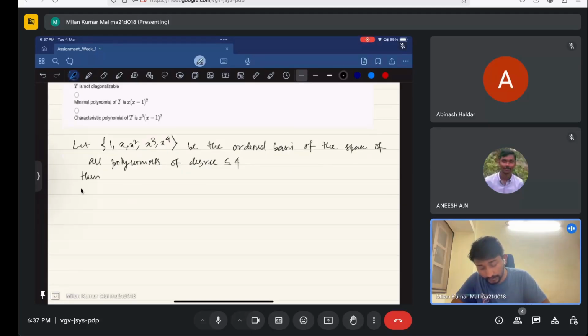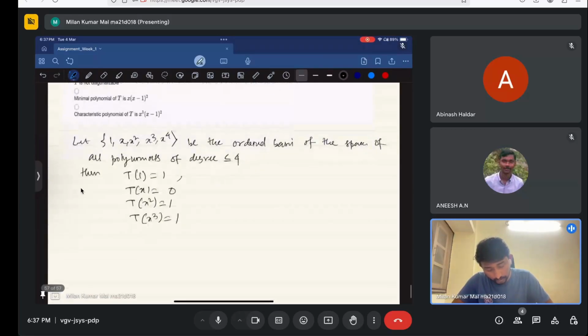Note that T(1) is sent to 1, because in that situation a1, a2, a3, a4 are all 0.